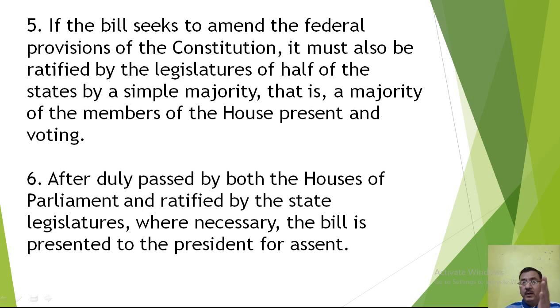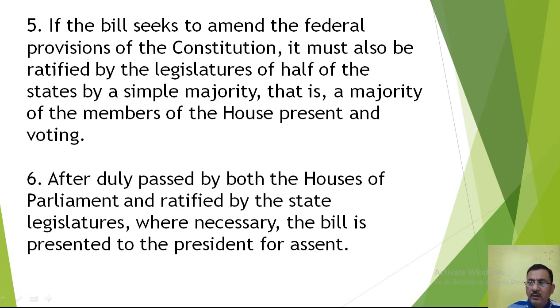That means if it is affecting the several states, all the states must pass that bill in that particular legislative assembly, and then only the bill can be amended as the constitutional amendment in the constitution. And once the bill is passed, when both the houses pass the constitutional amendment bill, then it is forwarded to the President of India for his signature or for his assent.